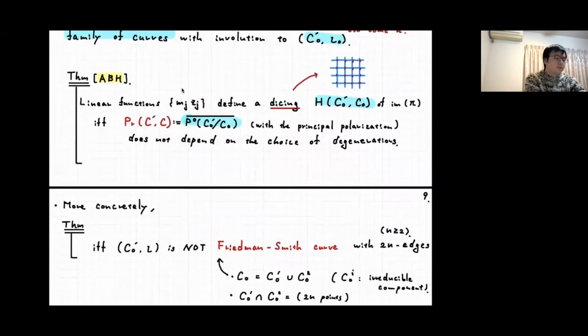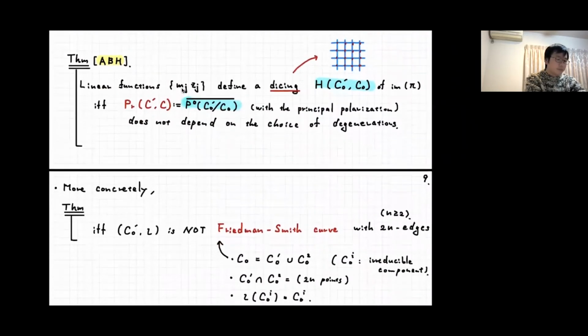But rather than the lattice dicing, perhaps it is more concrete to consider the figure of the original curve. The Prym variety is on the indeterminacy locus if and only if C0 prime with iota is a Friedman-Smith type curve with two end edges.